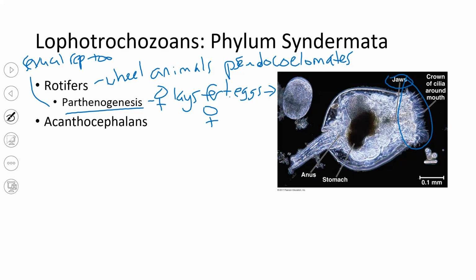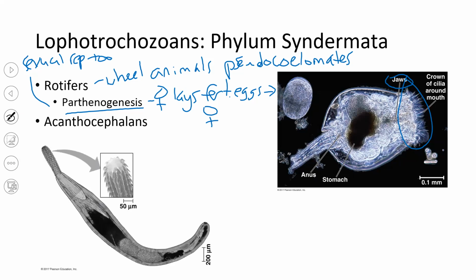Like there's no male that exists because they rely only on parthenogenesis to produce more offspring. So they have an unusual reproductive cycle. This one we've got a picture of too.